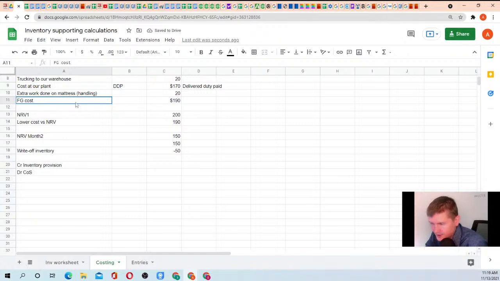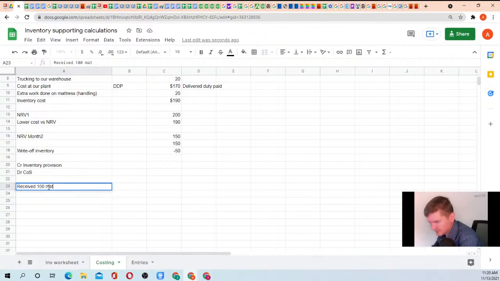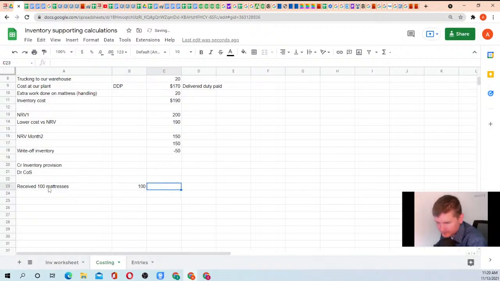So we received, let's call it inventory, 100 here. 190 is the price. The amount is here.